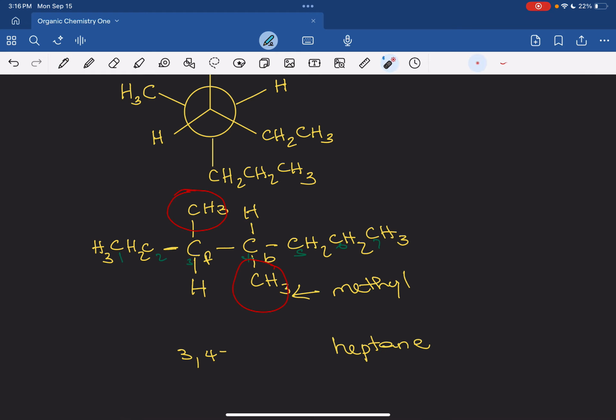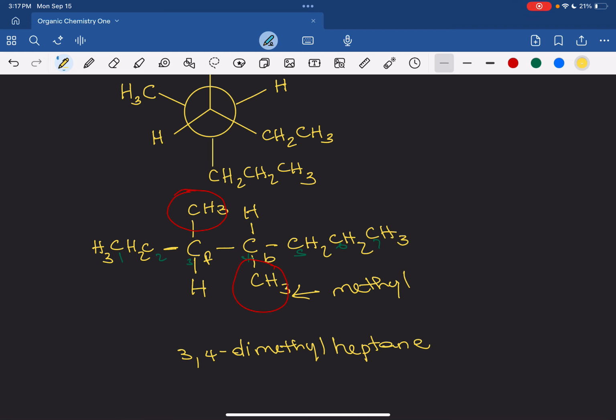That tells me that one is on 3, one is on 4. Then, because it's two groups that are the same, to show how many times they repeat, you write di, because the methyl groups repeat twice. There's one here, there's one here. So di tells me I have two of them, dimethylheptane. And that's how you name that.